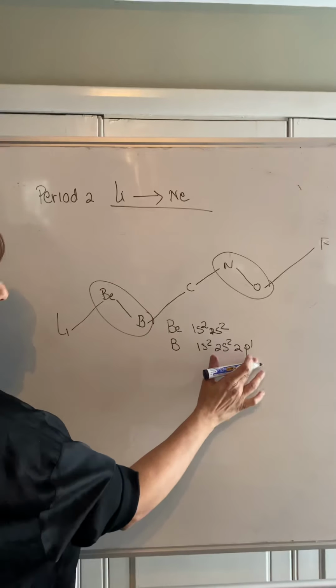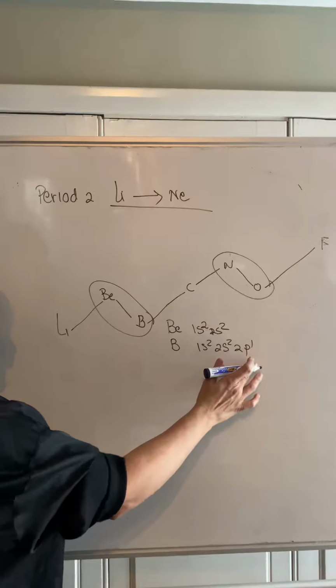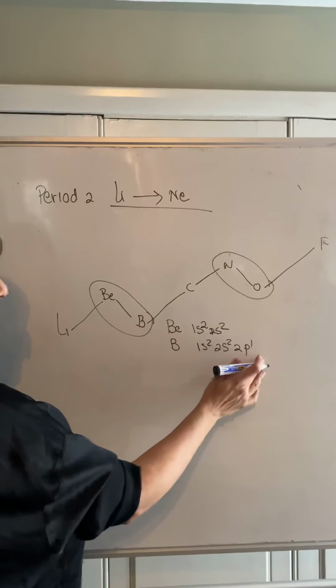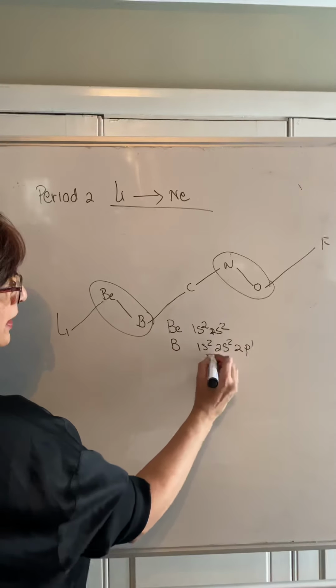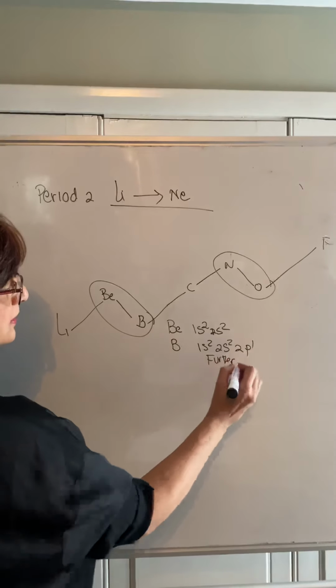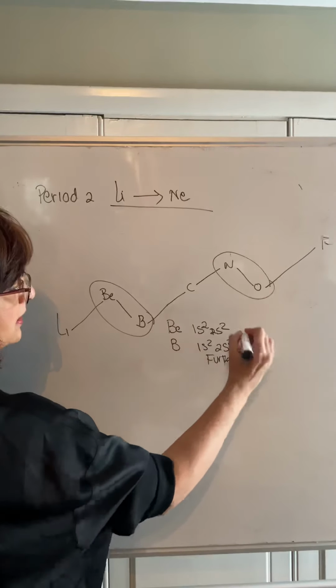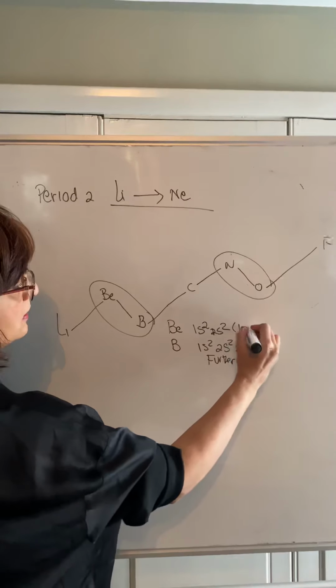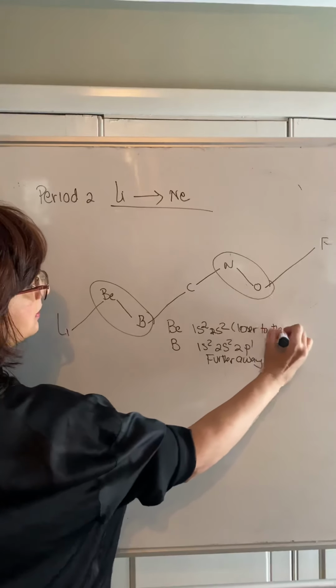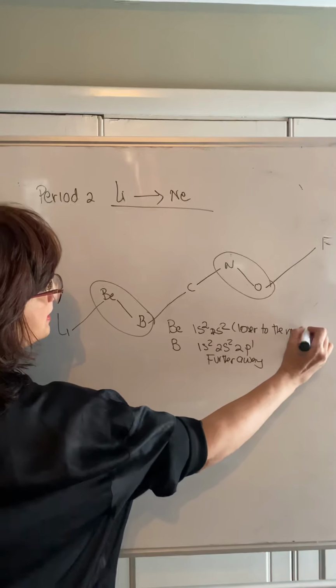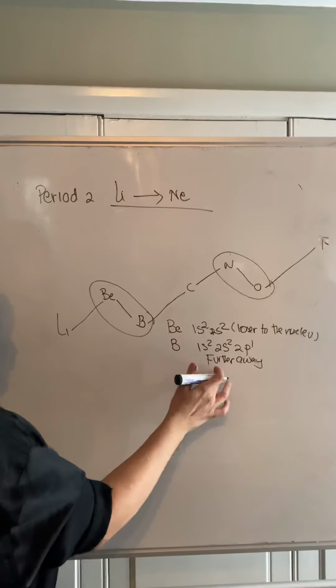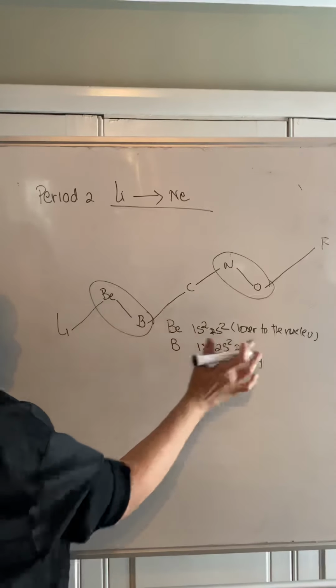The last electron is sitting in a higher energy level, which is further away from the nucleus, and the 2s is closer to the nucleus. That's the reason the ionization energy decreases when it gets to boron, because it's easier to remove, being further away from the nucleus.